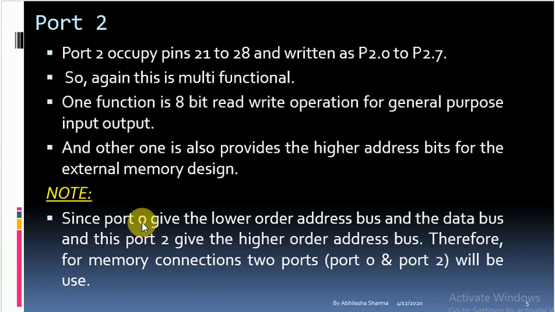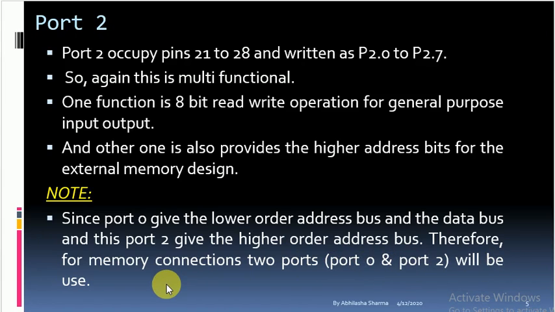So port 0 has two functions. One is for the lower order address bus and the other is for the data bus. And what happens in the case of port 2? It only provides the higher order address bus. There is no function related to the data bus. So therefore, for memory connection, two ports, port 0 and port 2, will be used. Got to this point?